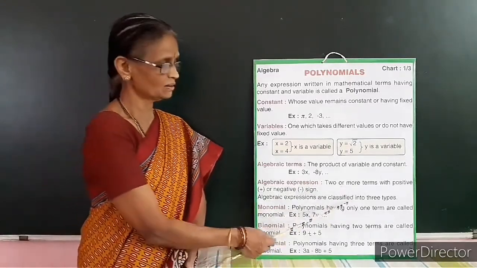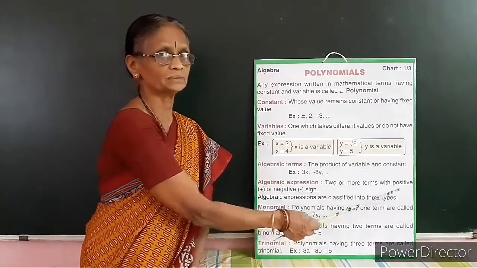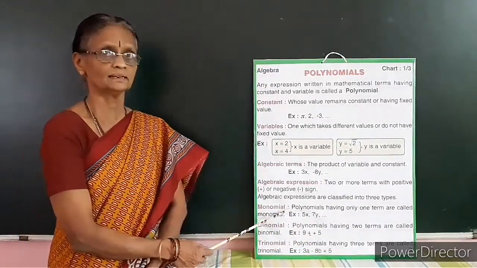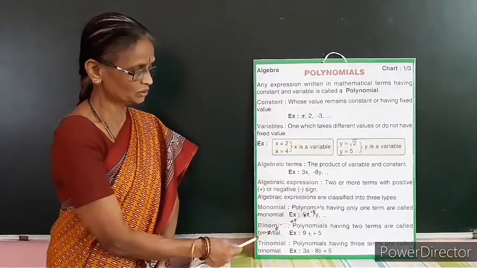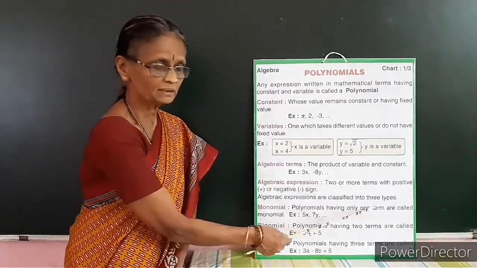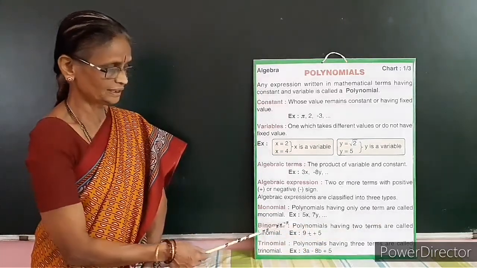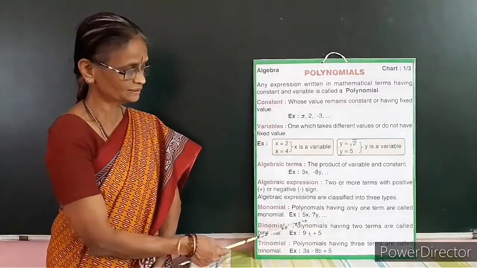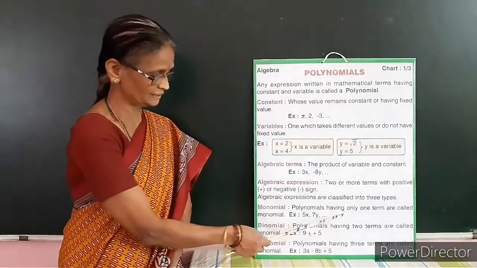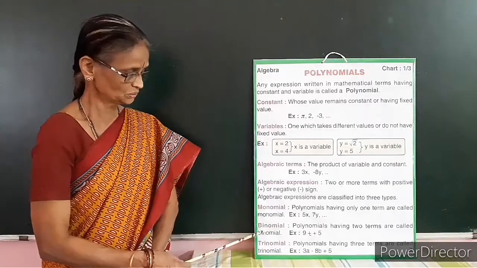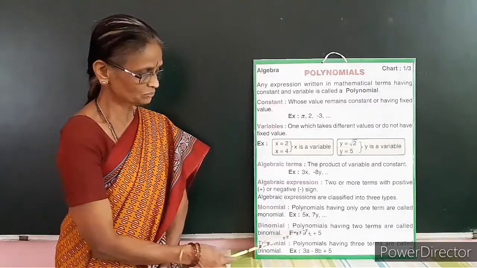Algebraic expressions are classified into three types. First one is monomial. Mono means single or one. Polynomials having only one term are called monomial. Example, 5x, 7y, etc. Binomial. Bi means two, so it has two terms.